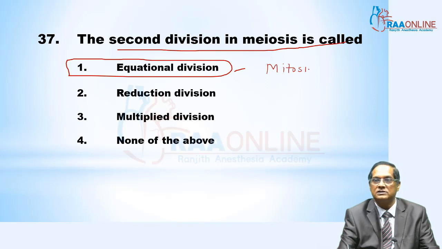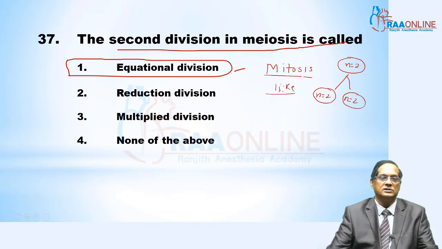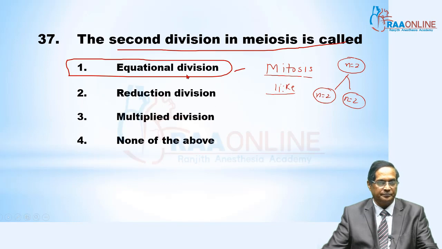Because if the cell has 2 chromosomes at the end of meiosis 1, then at the end of meiosis 2 this number is the same. So it is mitosis like, and mitosis is called equational division. My answer is equational.